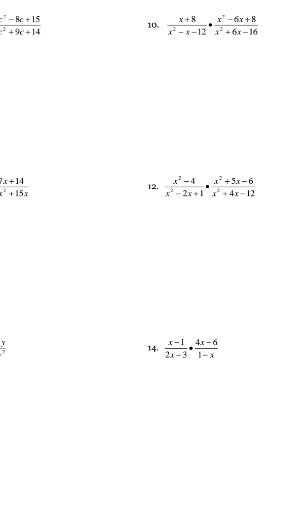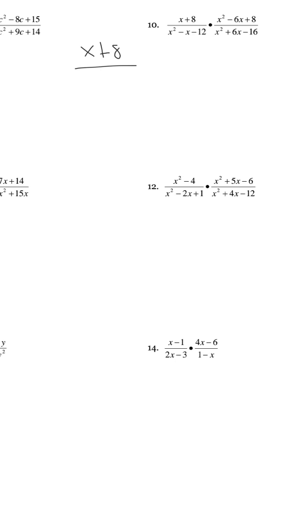So once again, tops are going to multiply with tops, and the bottoms are going to multiply with bottoms, but we also need to factor and all that fun stuff that is required in simplifying. So I'm going to factor everything first, and then I will multiply. So x plus 8 does not factor.